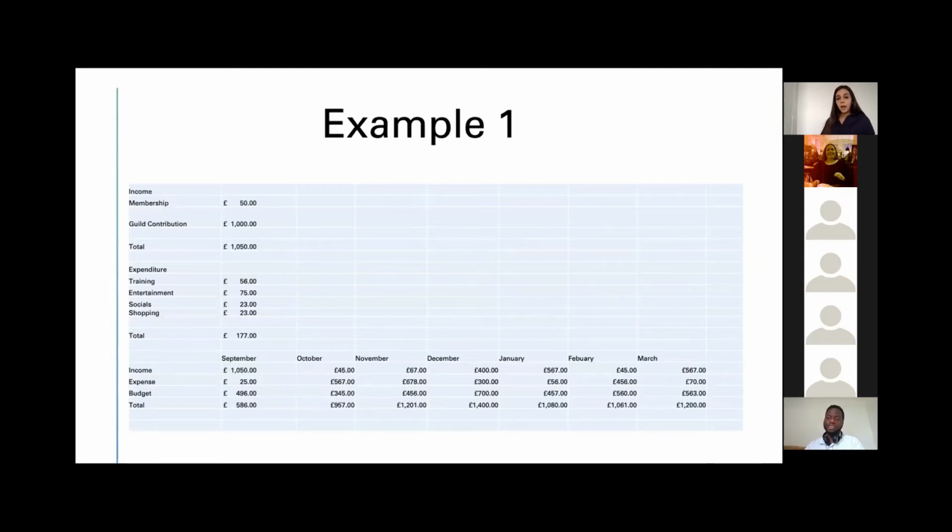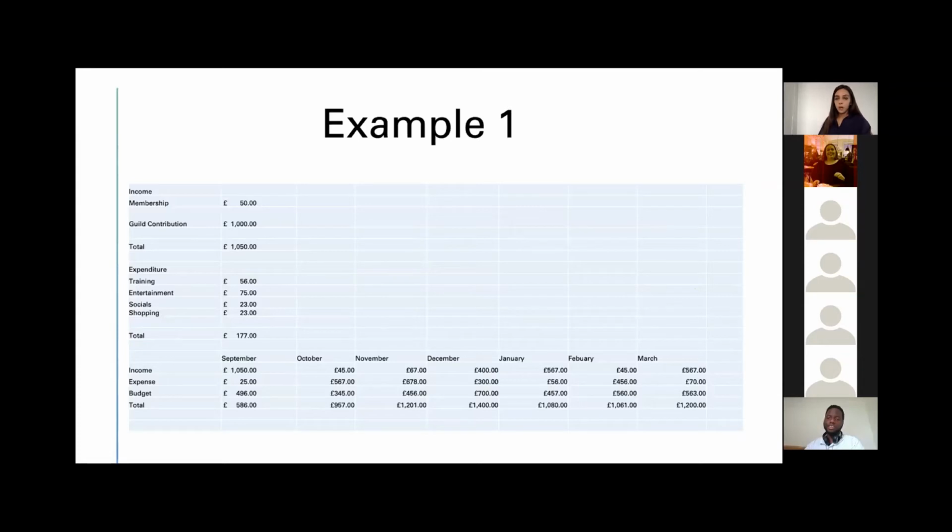So taking that into consideration, the guild has said that once they've given the guild contribution, you won't be able to keep pocketing more into the bucket. Once you've submitted your budget and you've got the contribution from the guild, the guild won't give any more money apart from what was given to you to begin with.